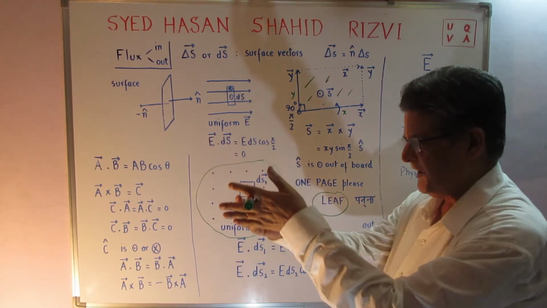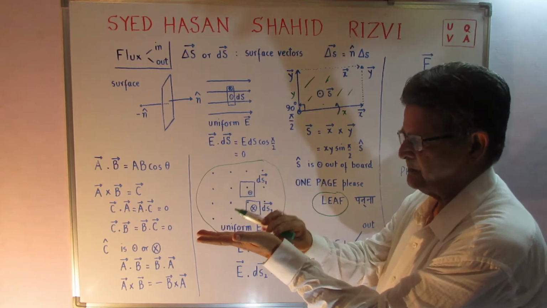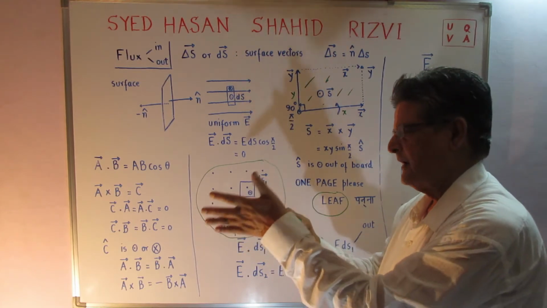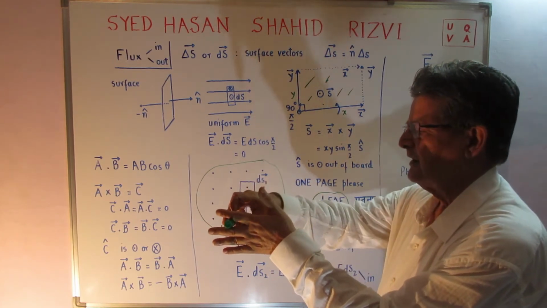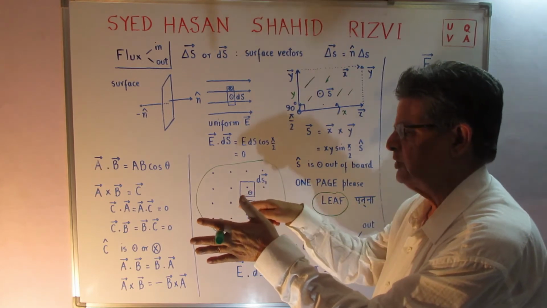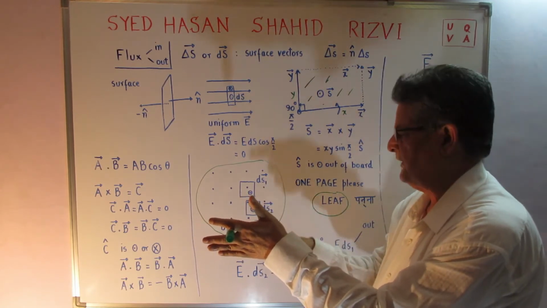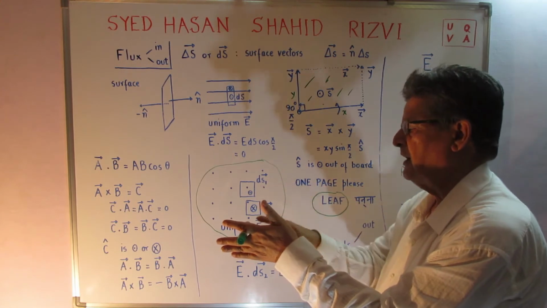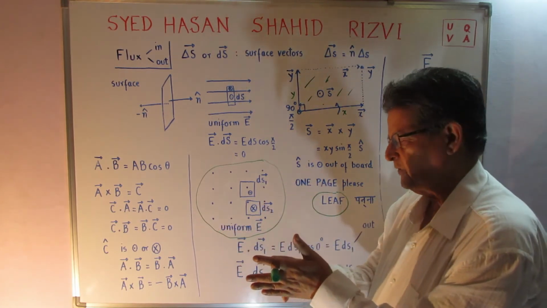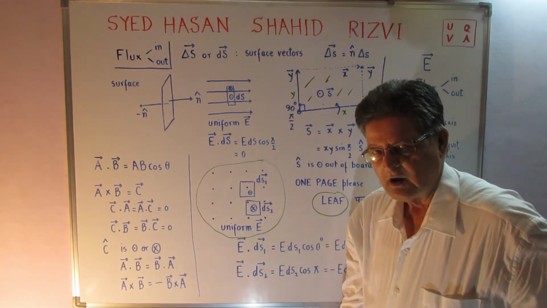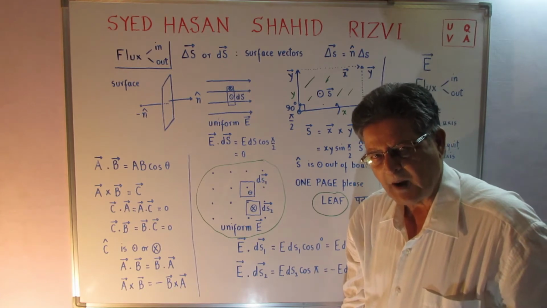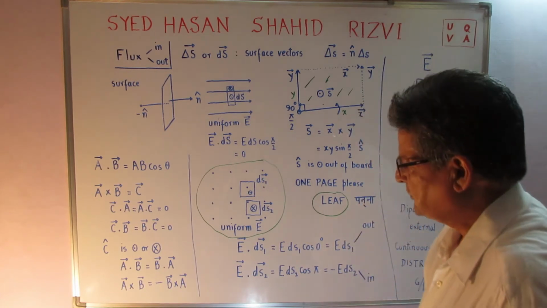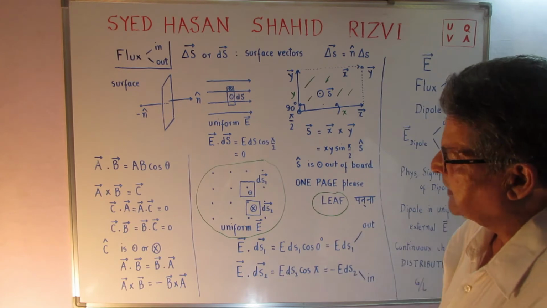Okay? And if we talk about the other side, then the ds vector, ds2, which I have shown here, is going in, and the angle again between the two of them is 180 degrees or pi radians. So this is what I am writing here.